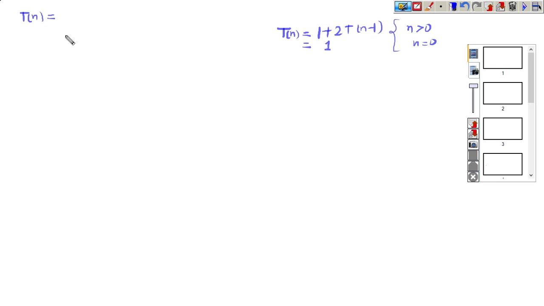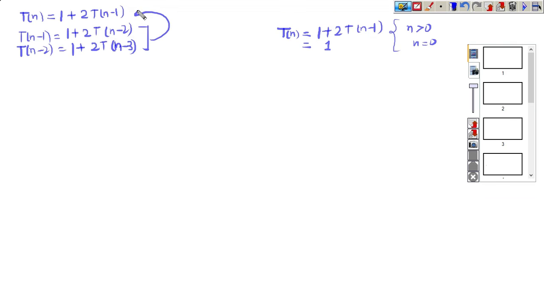We will write our main equation and then we will expand by the constituent term. Here we have t of n minus 1. t of n minus 1 can be written as 1 plus 2 t of n minus 2. Then t of n minus 2 will be written as 1 plus 2 t of n minus 3. We will use these two expansions in our main equation.